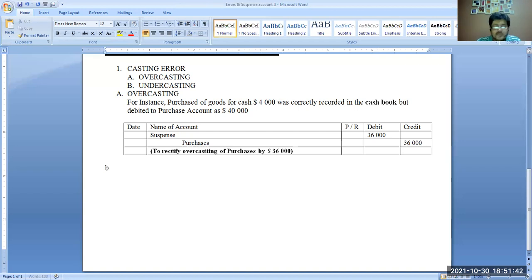Now, part B, undercasting. The second is undercasting error.